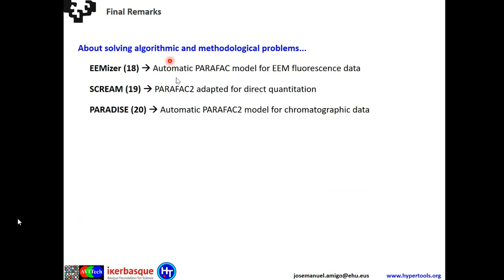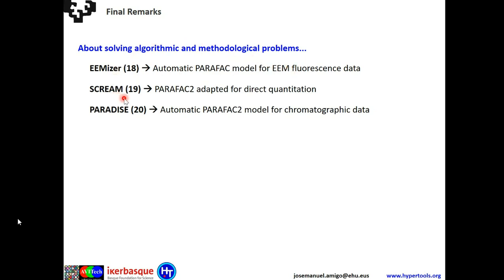So with this, I want to say that there are already many libraries, mostly in MATLAB, but also in Python and R, in which you can use these methodologies. Especially the chemometrics group at the University of Copenhagen has specialized in creating toolboxes to make our life easier. Like, for instance, eMiser, an automatic way of doing PARAFAC on excitation emission fluorescence.